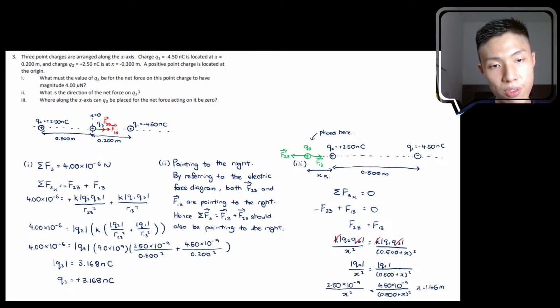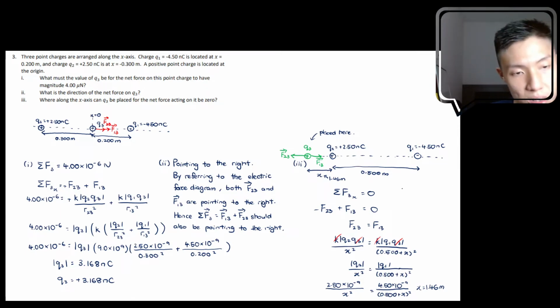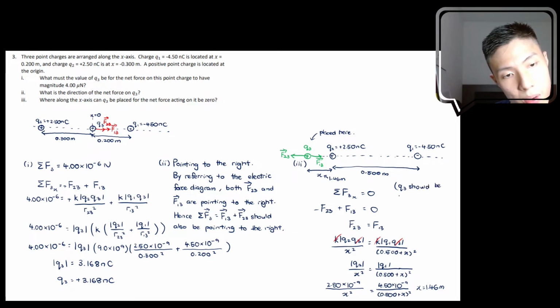Once you get the answer, you should not just stop, because this is just filling in the value, 1.46 meter. You still have to describe it correctly. I have no space, so I write it over here. Q3 should be positioned at 1.46 meter to the left of Q2.